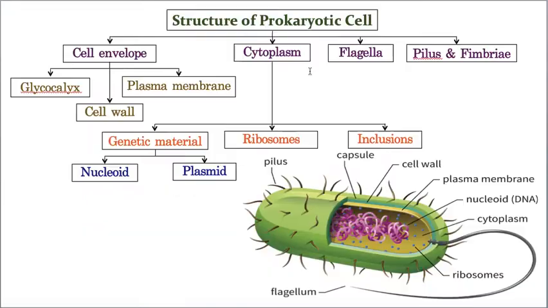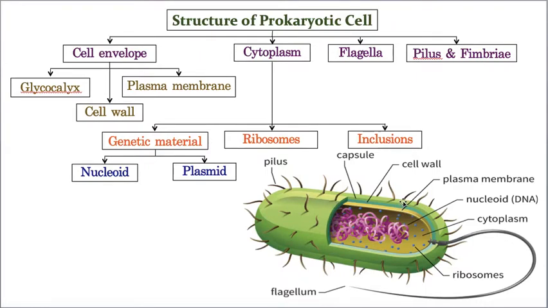Now if you want, I will show it also. This green colored sheath is called glycocalyx, and this blue colored layer is called the cell wall, and at the bottom you can see this golden yellow colored layer, called the plasma membrane.